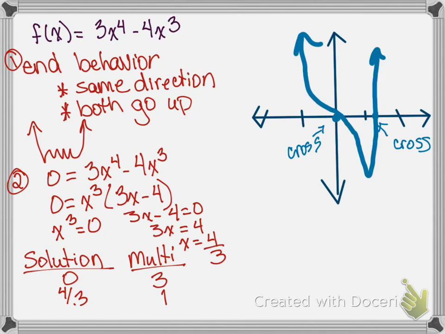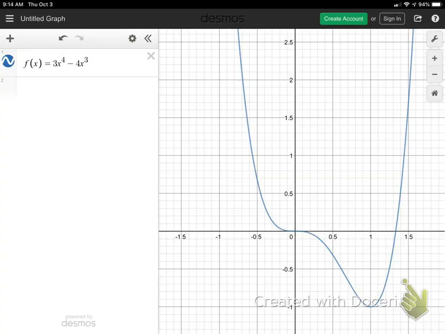Again, you can't tell me what that is unless you plugged in a bunch of points, and you're going to be plugging in a bunch of fractions, so you don't want to do that. So let's check Desmos. There it is. There's the behavior. Here's positive 4 over 3. I turn, here's my weird behavior right there.